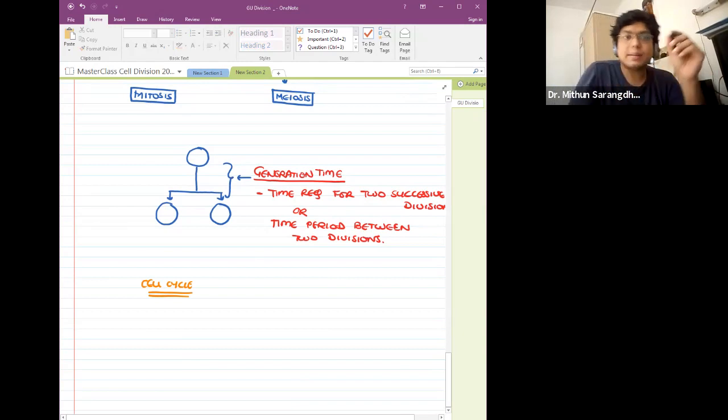Cycle means something that goes round and round, meaning it starts and ends at the same place. That is why we call it a cycle.